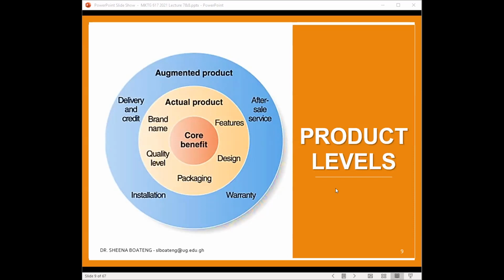Someone, are you with me? Yes, please. So that activity does not necessarily form part of the augmented product or the actual product. However, it contributes towards another aspect of marketing, which helps to enhance brand equity and brand image. Okay. Good.